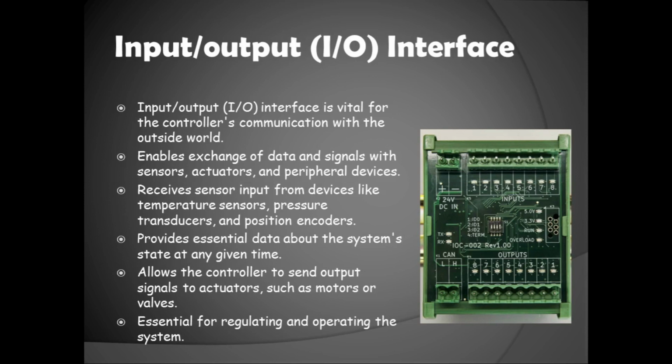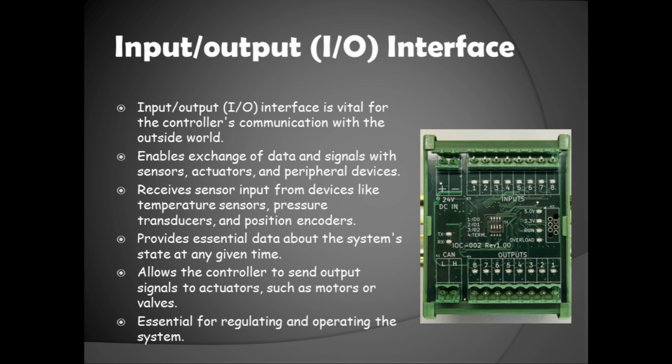Input-output or I/O interface. The most important link between the controller and the outside world is through the input-output interface. It makes it possible for numerous sensors, actuators, and peripheral devices to exchange data and signals with the controller.